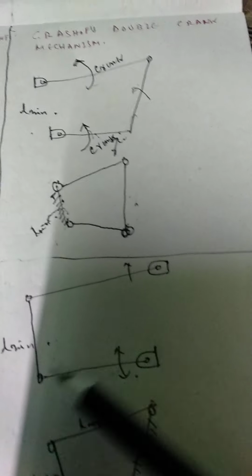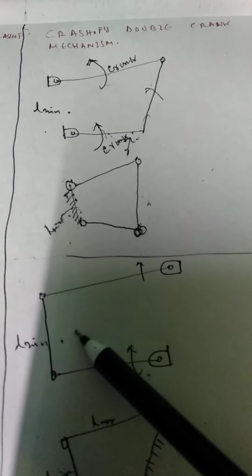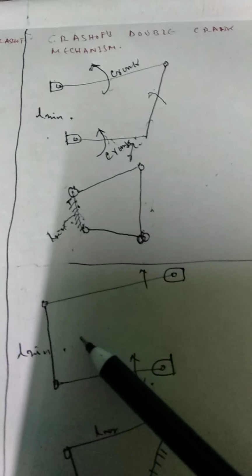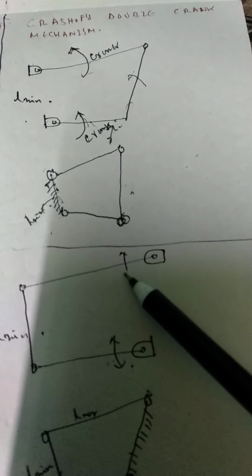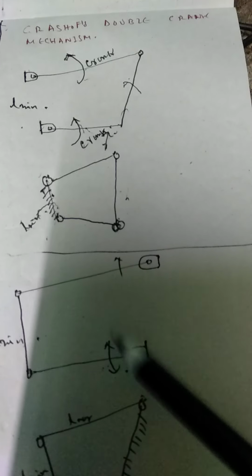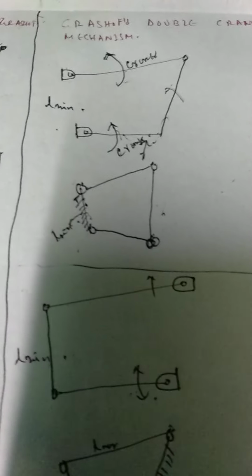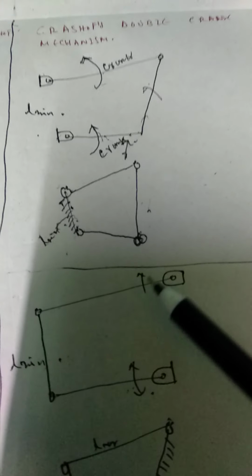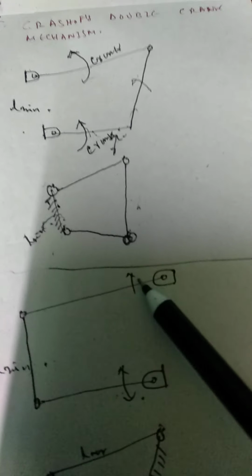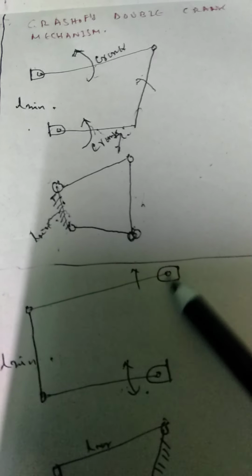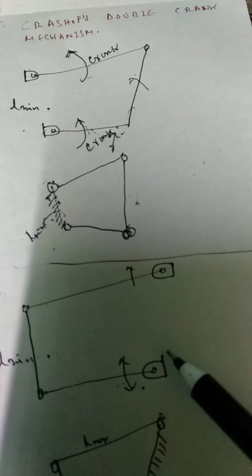And this L min is the crank, which can rotate completely, so it is known as the crank, and these two links can rock. So this mechanism is known as the Grashof's double rocker mechanism. And these two rockers will never cross the line of frame. Okay, so this is all about the Grashof's double rocker mechanism.